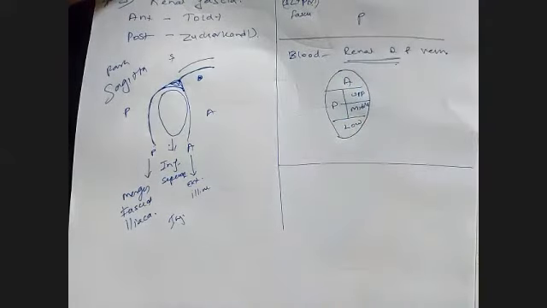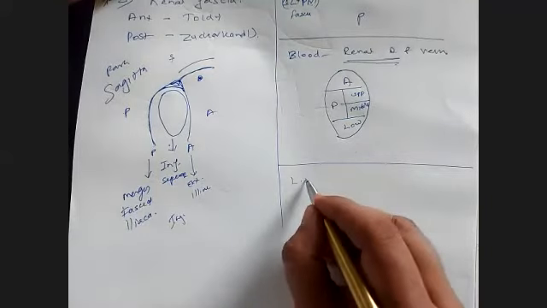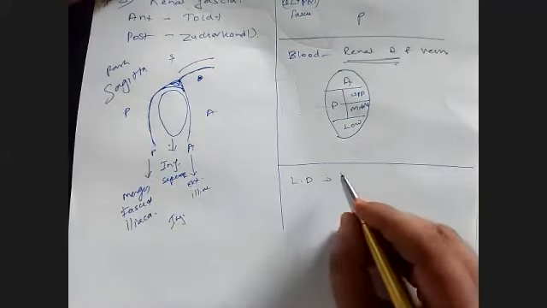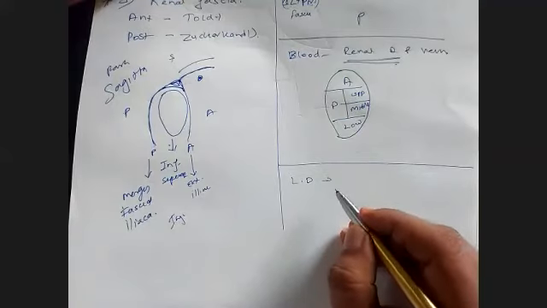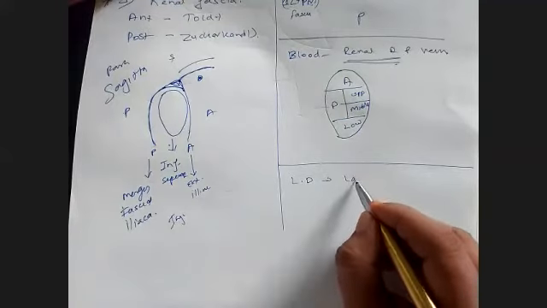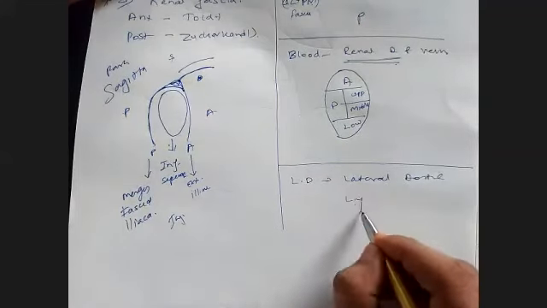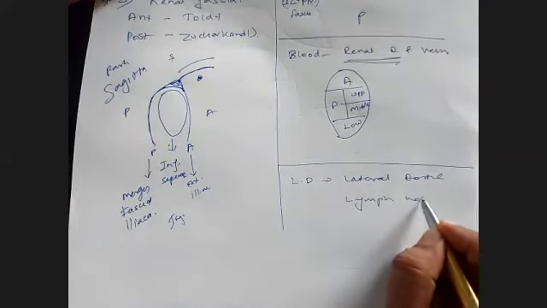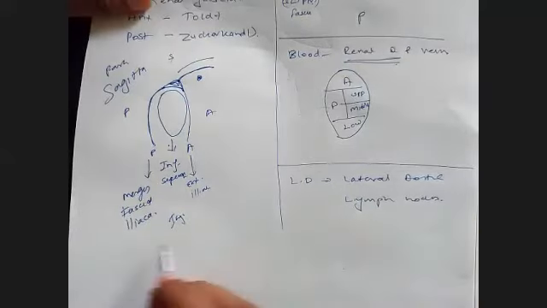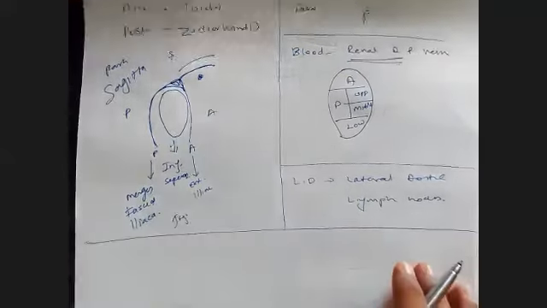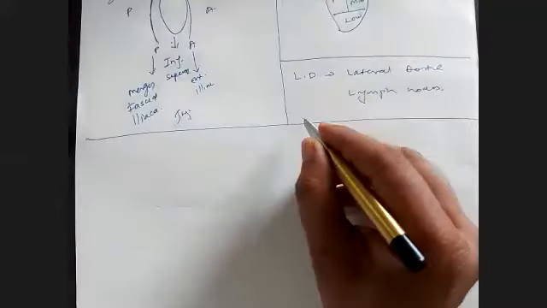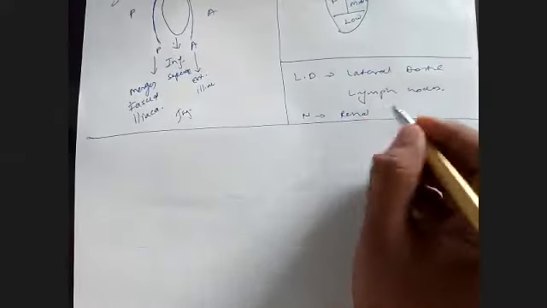These are called the renal segments. The lymphatic drainage of the kidney is in the lateral aortic lymph nodes. Now, the kidney nerve supply is from the renal plexus, which is an offshoot of the celiac plexus.